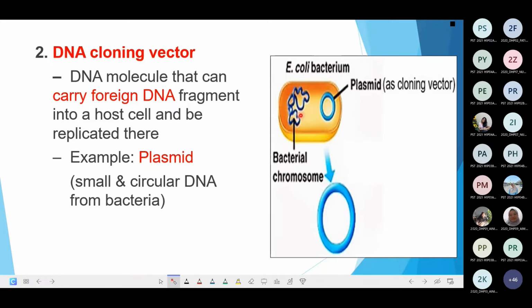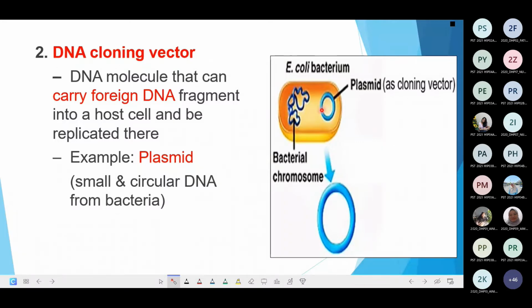But some of the bacteria will be having another accessory DNA molecule. We call it the accessory DNA molecule. Why accessory? Because some bacteria will be having this accessory DNA molecule, some will not. So this will be the accessory DNA molecule that we call the plasmid.